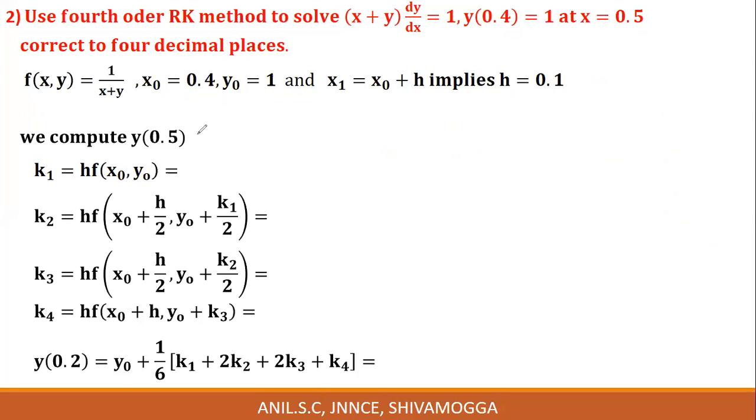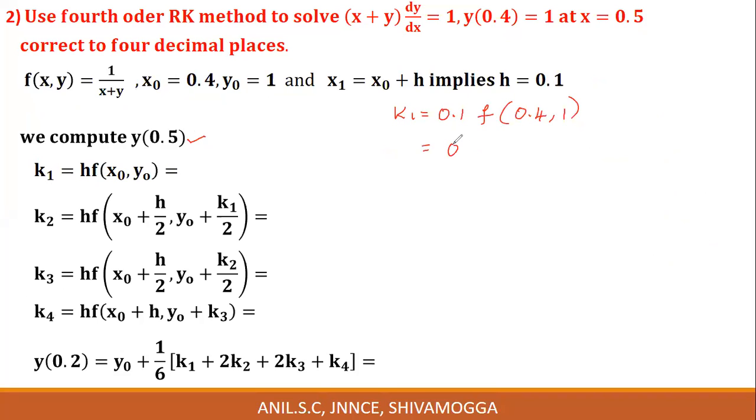Now we compute y of 0.5. To find y of 0.5, the same 4 components are to be determined first. K1 is given by h into f of x0 comma y0. h is 0.1 into f of x0 comma y0, x0 is 0.4 comma y0 is 1.